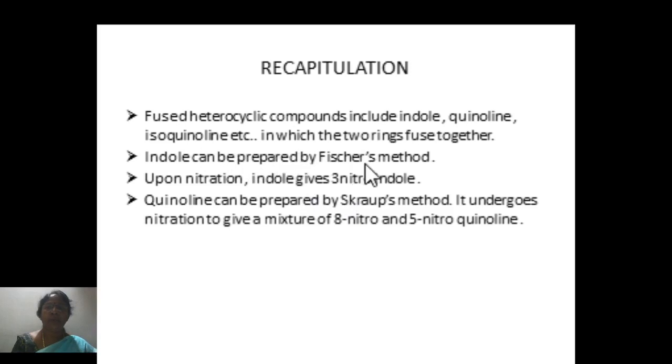Indole can be prepared by Fischer's method, while quinoline can be prepared by Skraup's method. Both upon nitration give 3-nitro product, and in case of quinoline it gives rise to 8-nitro and 5-nitro-quinoline.